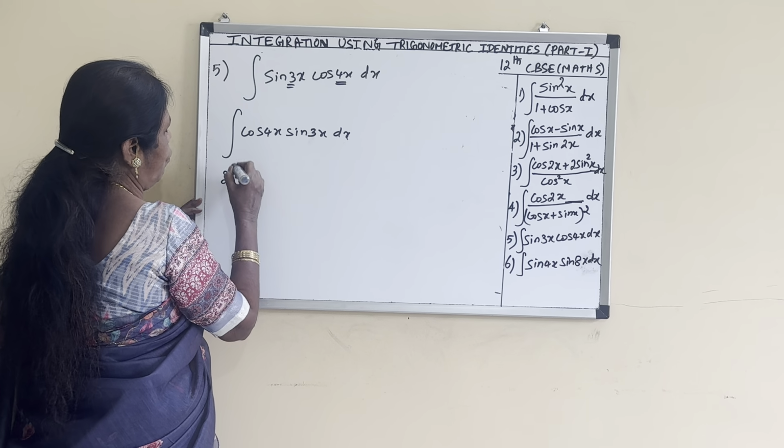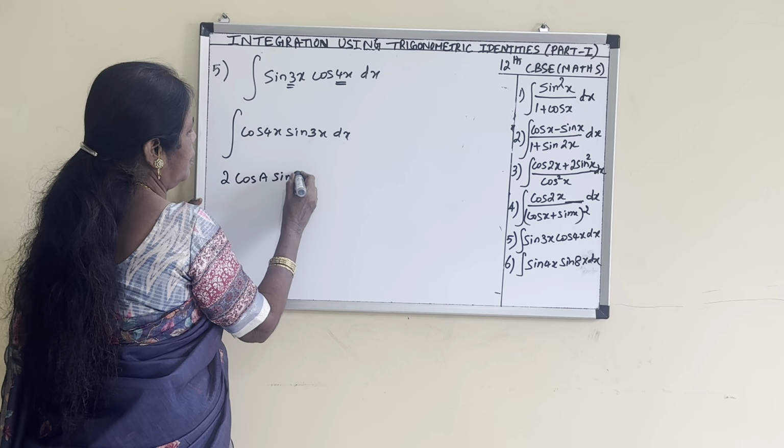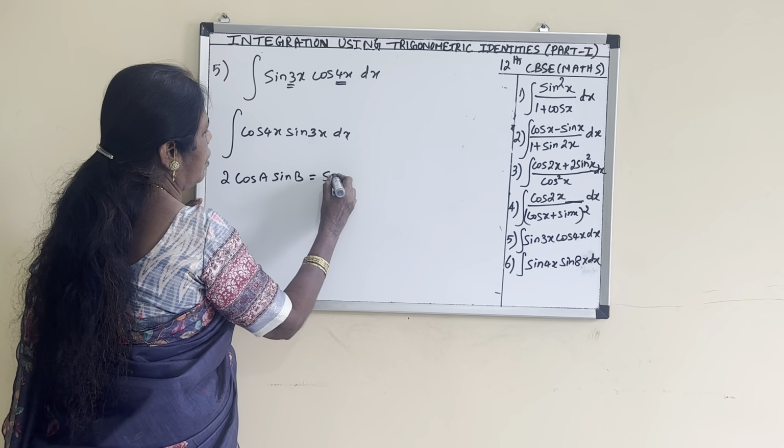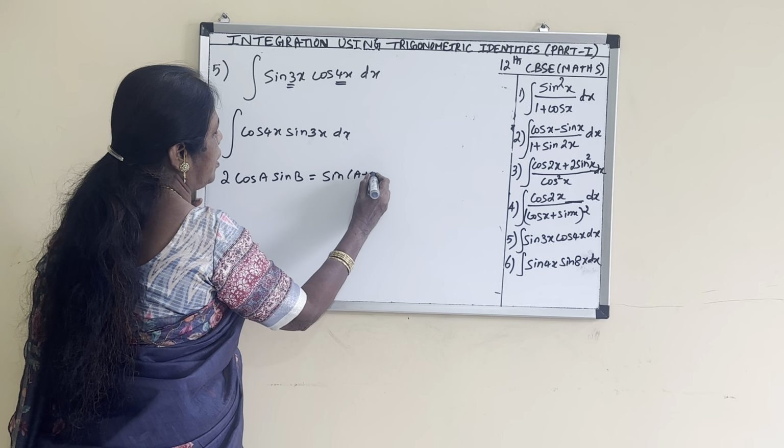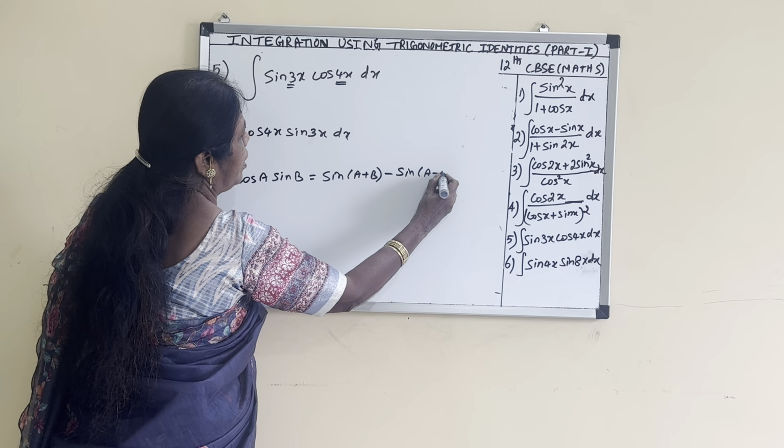I said 4 formulae. So 2 cos a sin b is sin of a plus b minus sin of a minus b.